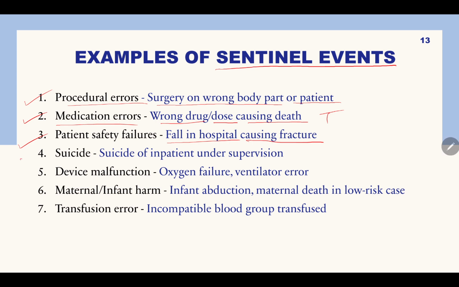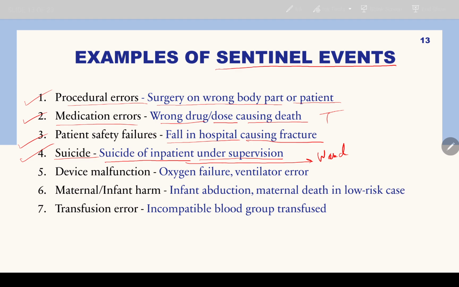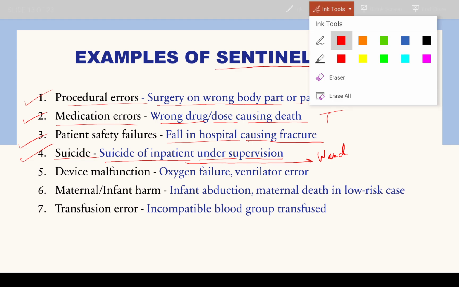Then suicide. So suicide in inpatient under supervision. So inpatient, what does inpatient mean? Inpatient means ward patients. Any patient that stays in the hospital apart from OPD is known as inpatient or ward patients.